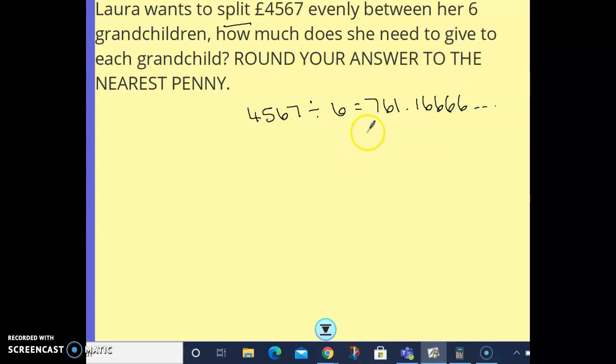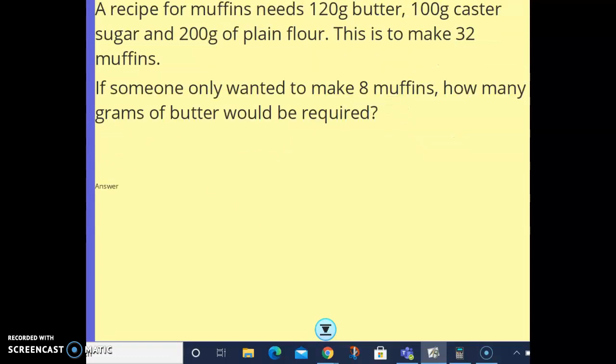We want to round our answer to the nearest penny. Nearest penny is 2 decimal places, it's not the nearest pound. So it'd be £761.17. Although it's telling me to round here, it doesn't need to tell me to round because it could just be your normal rules of rounding. It's money, so it must be 2 decimal places.